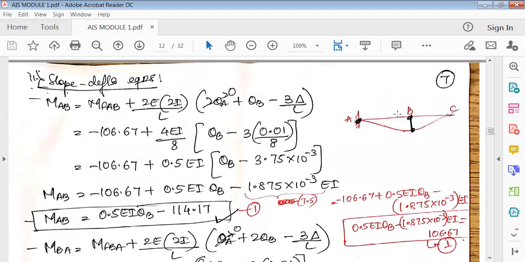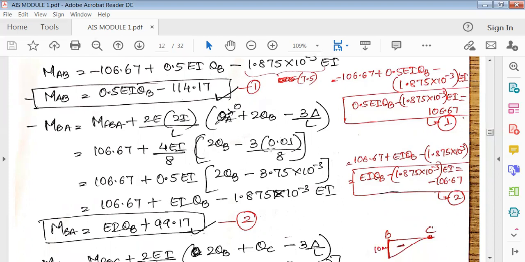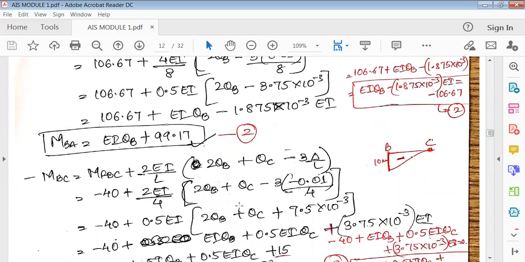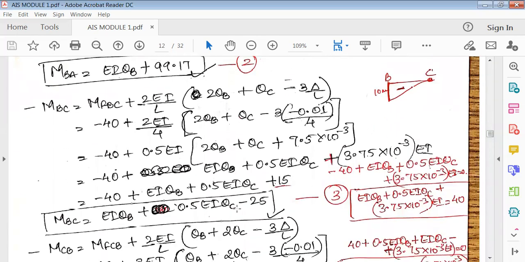Again in this BA also, if you check, support B is sinking only, so you have to consider it as a positive value only. So it is again plus 0.01 divided by 8. Again multiply this the same way, so you're left with EI theta B minus 1.875 into 10 to the power 3 EI. Again it should be in this form: first theta B, then the unknown, and finally followed by a constant. Second equation.